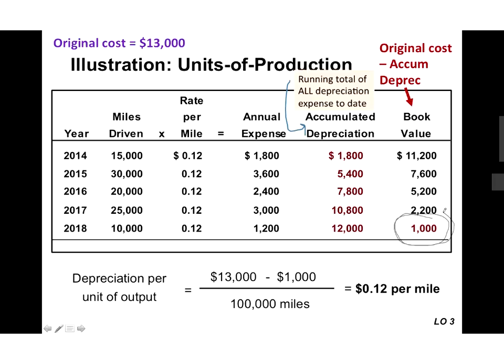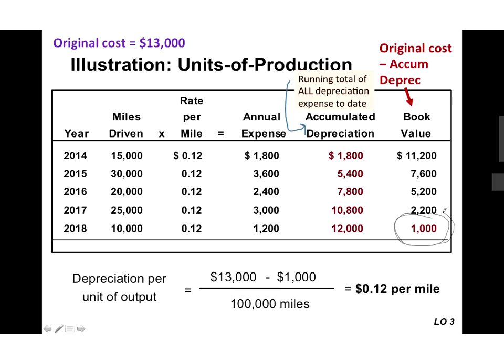And then the tax code calls for a different method. The tax code actually uses what's called an accelerated depreciation method. So when you do your taxes as a corporation, you can use an accelerated depreciation method, which we're going to go through next. The method that we go through next is not an exact match to the tax code, but it gives you an idea.